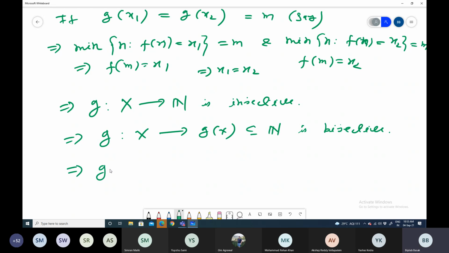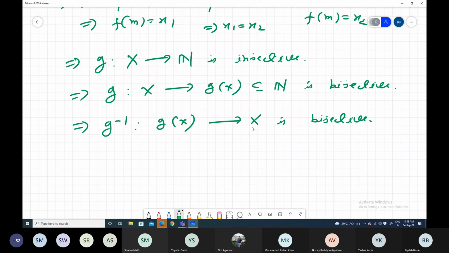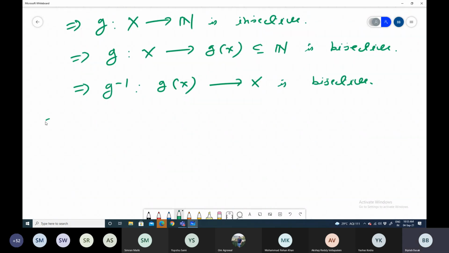So that implies g inverse from g(X) to X is bijective. Okay. Now what is g(X)?